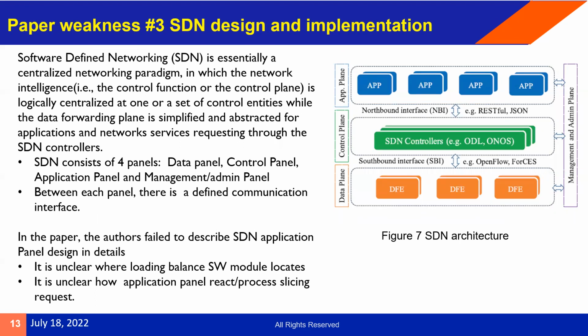SDN contains 4 planes: data plane, control plane, application plane, and management administration plane. Between each plane, there's a defined communication interface. As you can see, there's a northbound interface, NBI, and there's a southbound interface, SBI. They also have a west-eastbound interface in the block diagram.